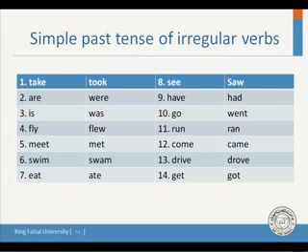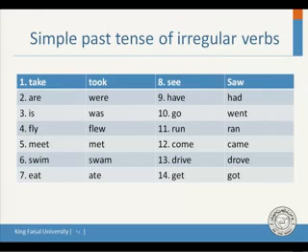Here we have a list of some irregular verbs. Look at this table. Take, took. I want you to study this table and remember it. Are, were. Is, was. Fly, flew.